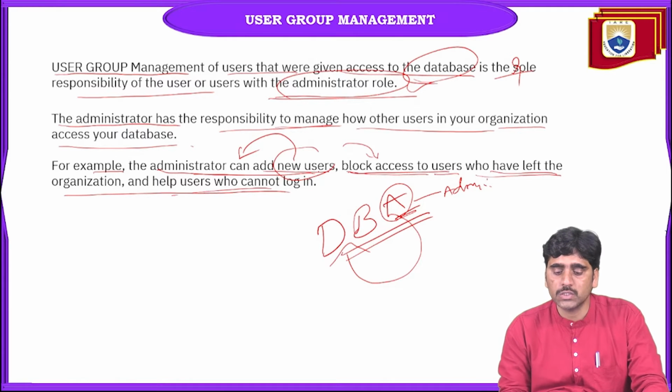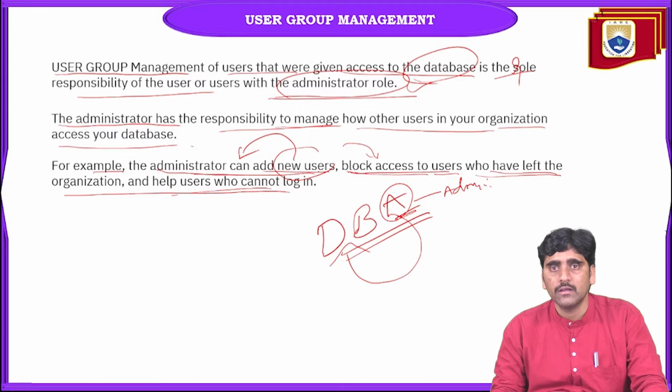The administrator also helps users who cannot log in, so that they can access the database with the help of permissions. All these permissions are given by the administrator role.